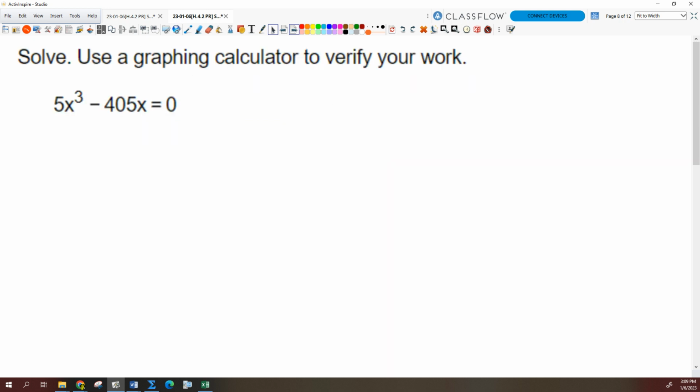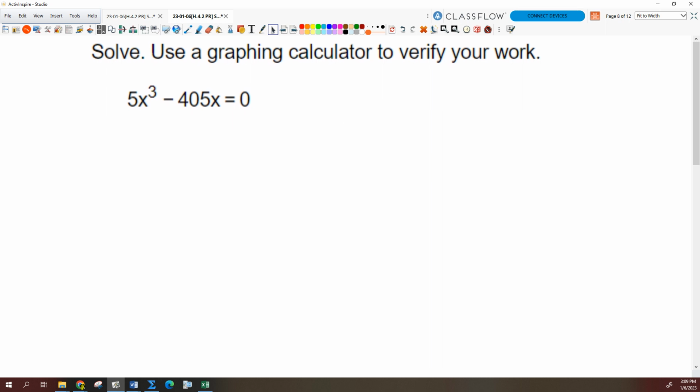Let's try a couple here. What about this guy? What would I do? Yeah, I've got to factor out a GCF. Good. So if we do that, let me scoot this over here a little bit. There we go. Okay, so my GCF is what? 5x. Okay, and then what am I left with?